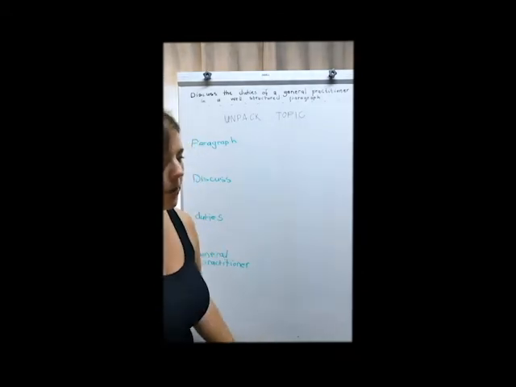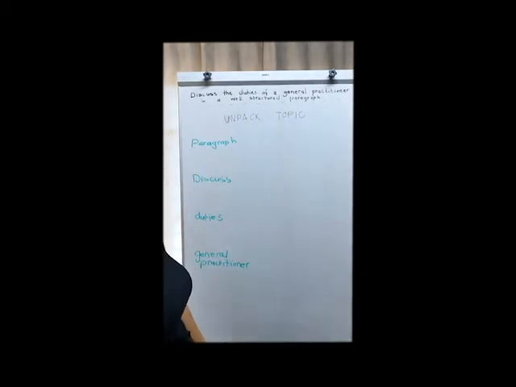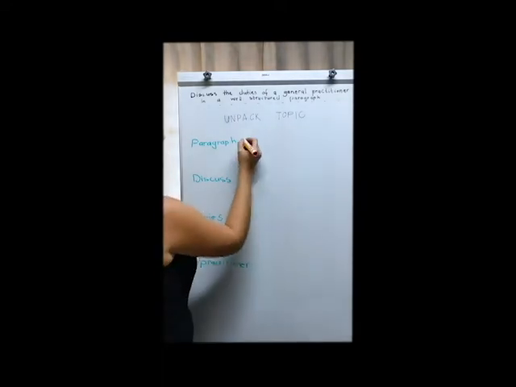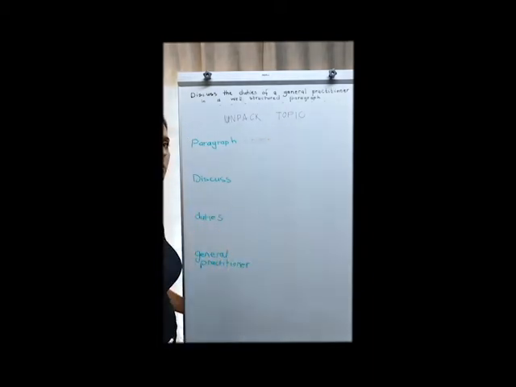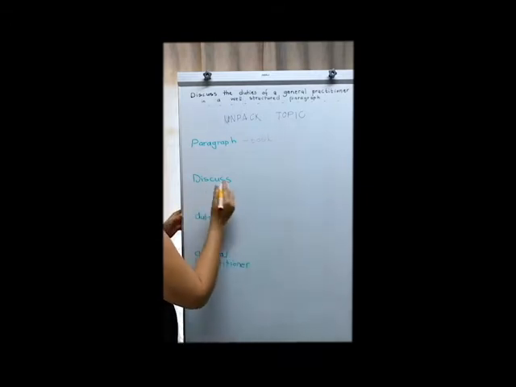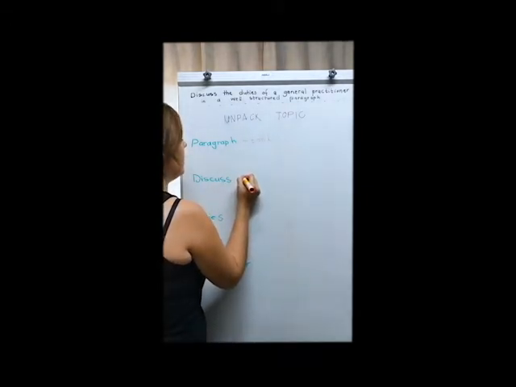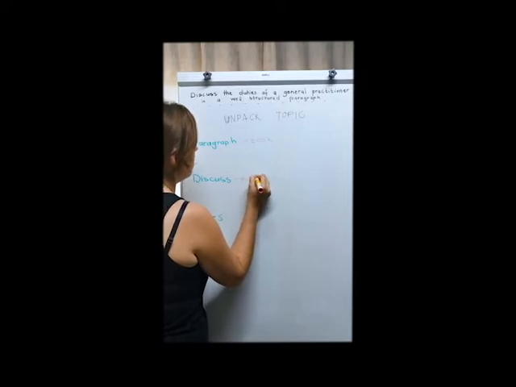And now I'm going to indicate what is what and go on from there. So the paragraph is basically my task. What is expected of me? What am I supposed to do? I know I have to do a paragraph. Then I'm going to look at the word discuss. This is my instruction word.